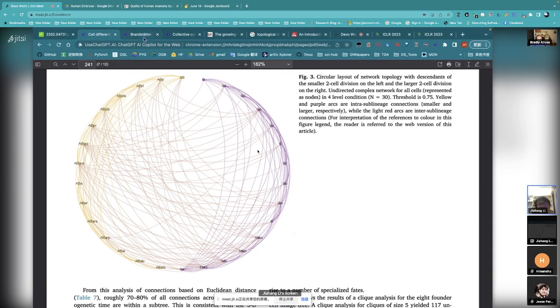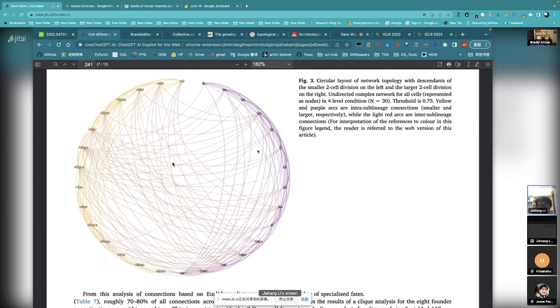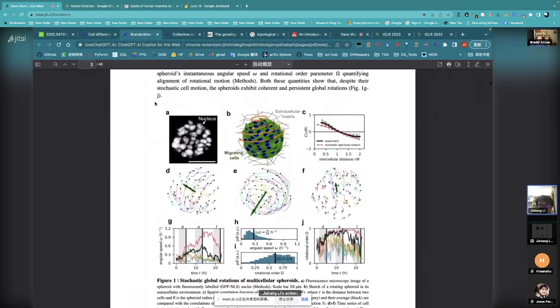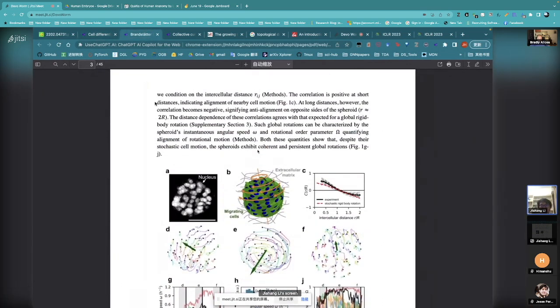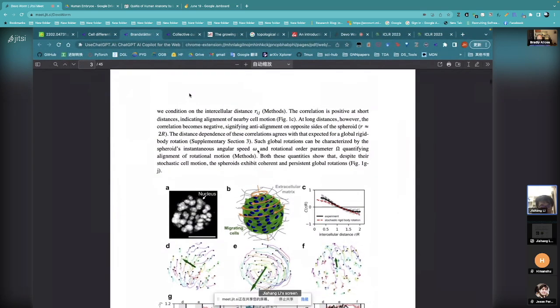Apart from the connectivity, we have some other papers, which were also introduced in our group meeting, the DevoWorm group meeting, before.